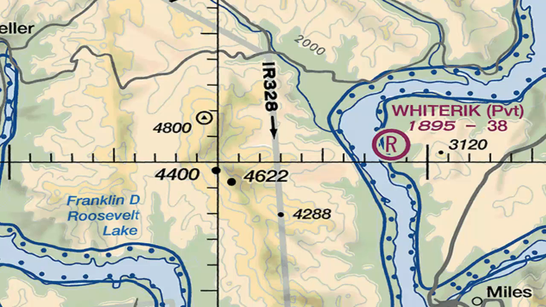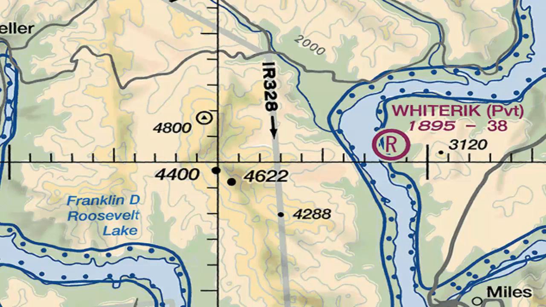So here's a quadrant and we can see the elevation figures. This 4,400 feet with the larger dot size and the heavier font is the highest natural elevation in that quadrant.